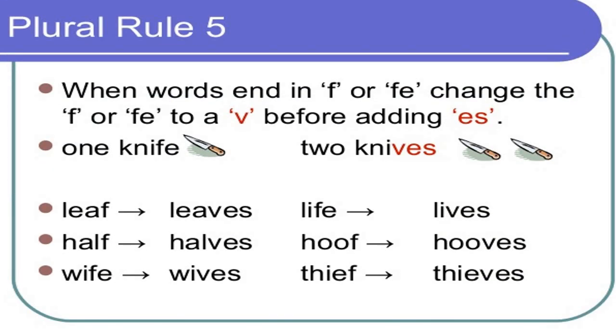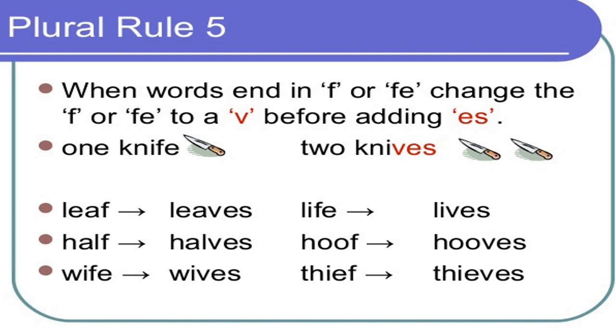This is the last rule we are going to learn in this lesson. When words end in f, fe, or o, change the f, fe, or o to a v before adding es. Okay, this is very easy.